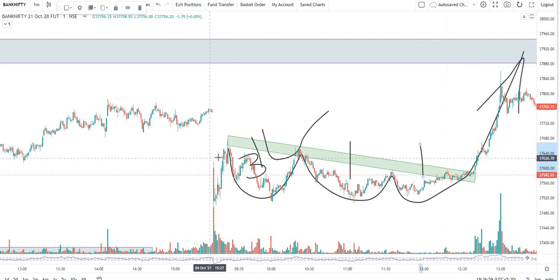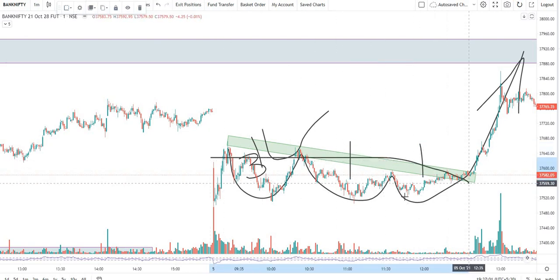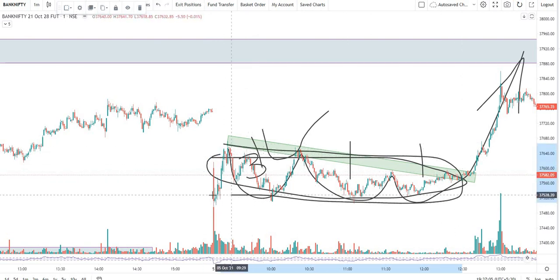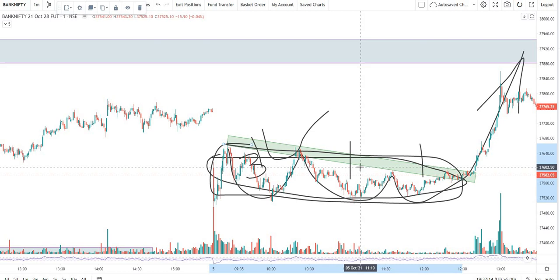1 hour. That means if price is sustaining here 3 hours in a zone, how can you think that price will continue in the zone? Bank Nifty cannot sustain three hours in a smaller zone. It has to break out.